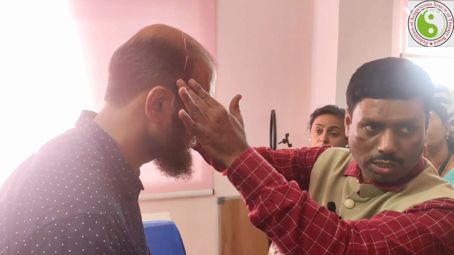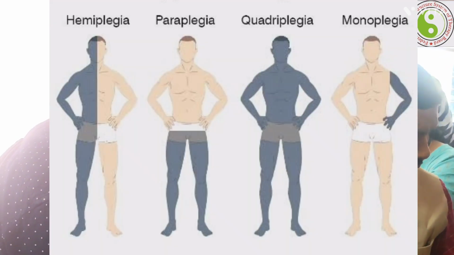If the left side is affected, it's still okay, but the problem is if this region is affected, that means you apply the needle over this region, and the Broca's area will get affected and the Wernicke's area will get damaged if the paralysis affects the right side.